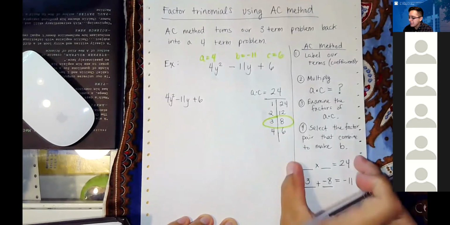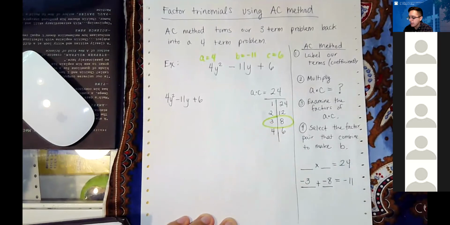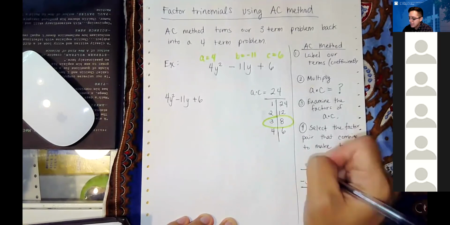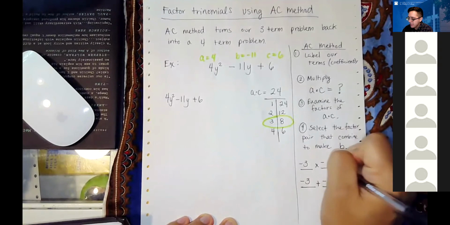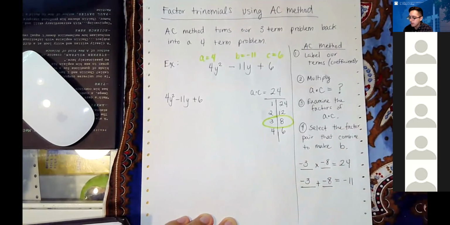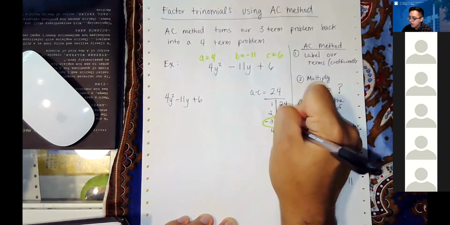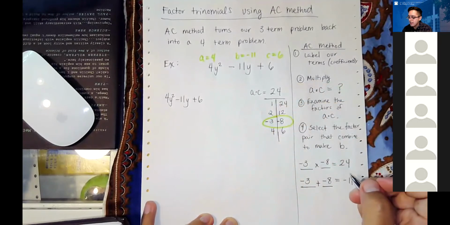And so both of these conditions must be met in order for us to say that this is the correct factor pair. -3 plus -8 will give us the -11, and that must mean that -3 times -8 should multiply to give us +24. And since that works, our factors that we're going to use here are -3 and -8.